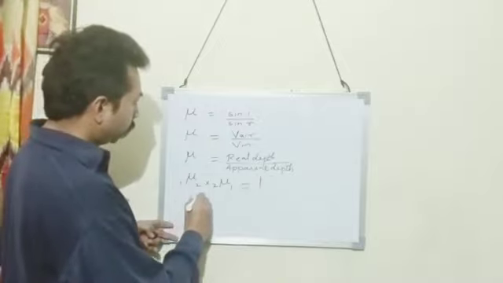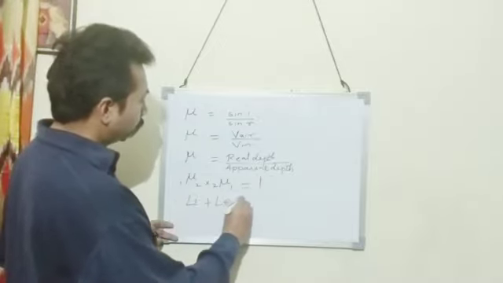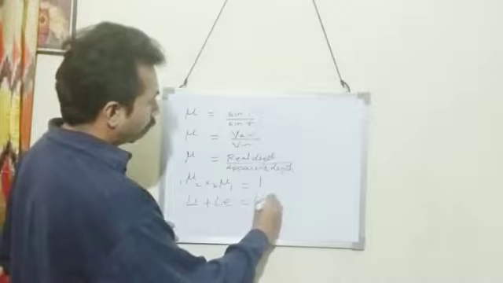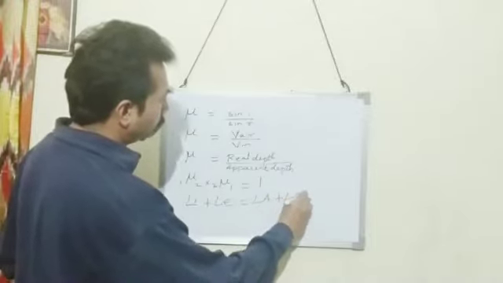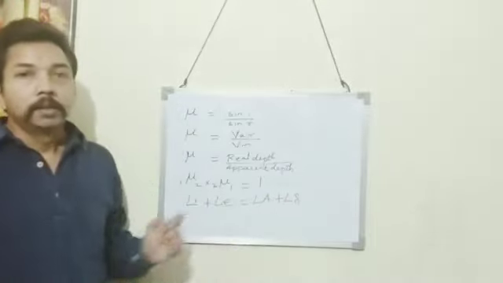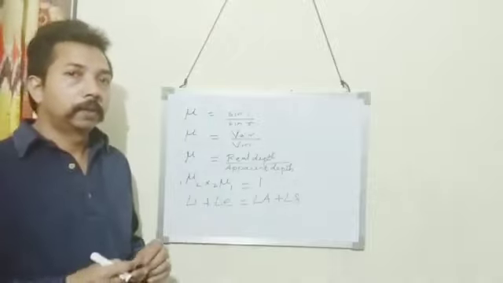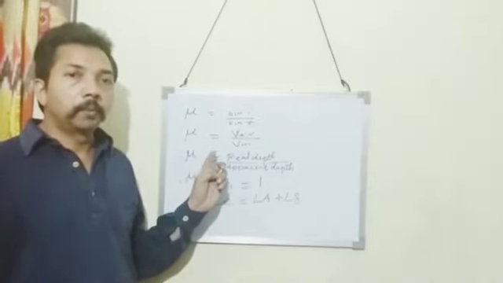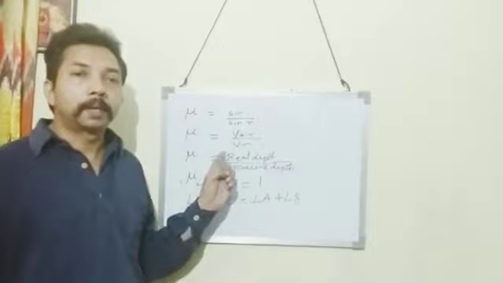Then angle of incidence plus angle of emergence is equal to angle of the prism plus angle of deviation. So these are the formulas needed for solving the numericals of chapter Refraction of Light.